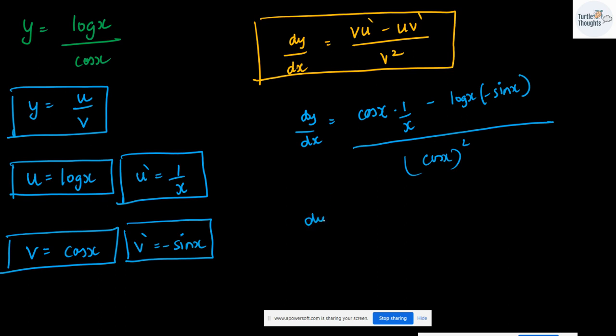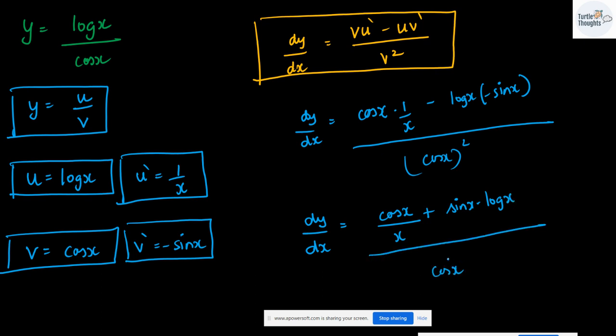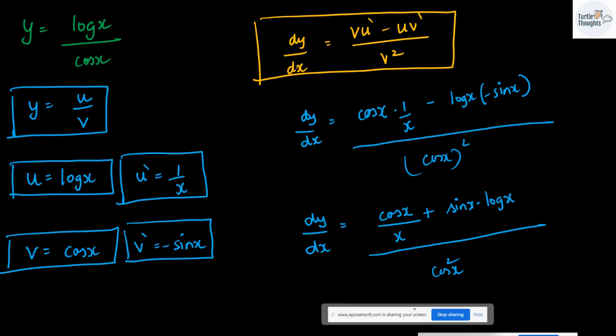Upon simplifying, I will be getting the answer as dy by dx is going to be cos x divided by x, minus into minus is going to be plus sin x multiplied by log of x, whole divided by cos square x. This is going to be your final answer.